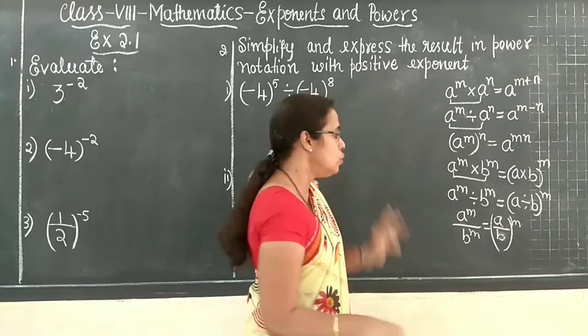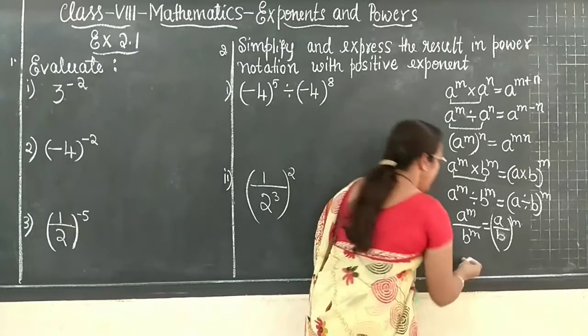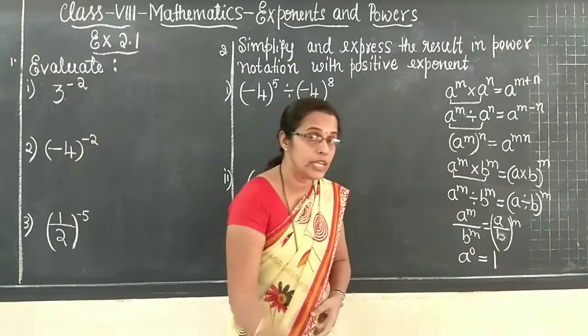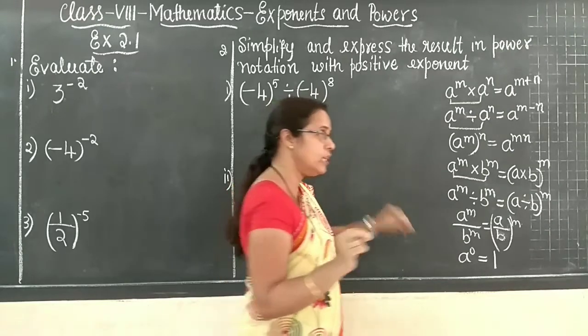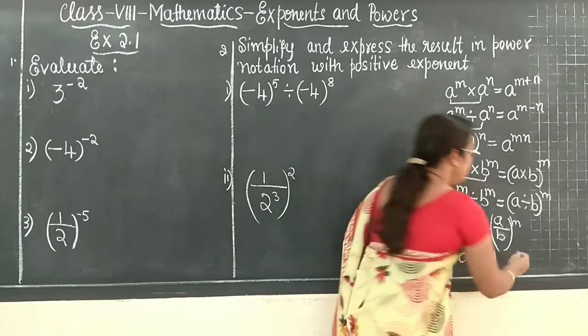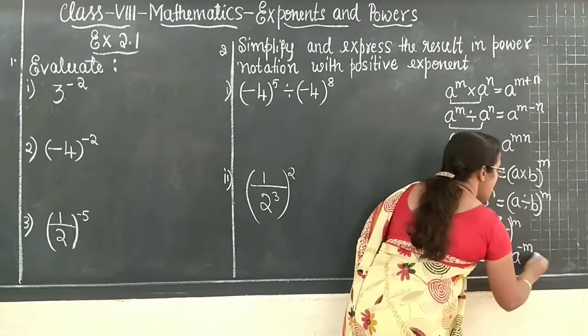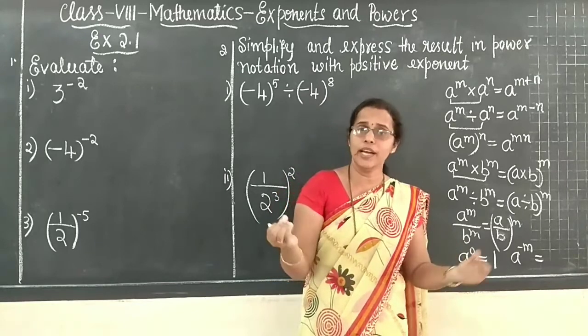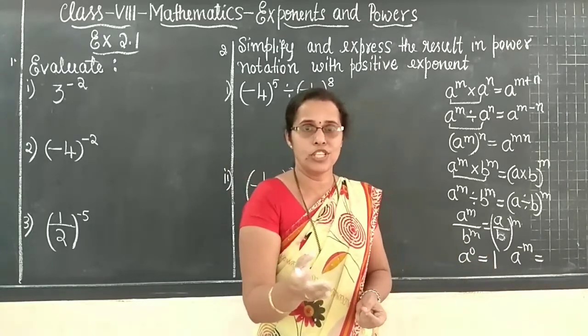Along with that, you learn children, a to the power 0 is always 1. Anything to the power 0 is always 1. Even one more thing, a to the power minus m. Negative power there means calculation will be very difficult. So how to do it positive?